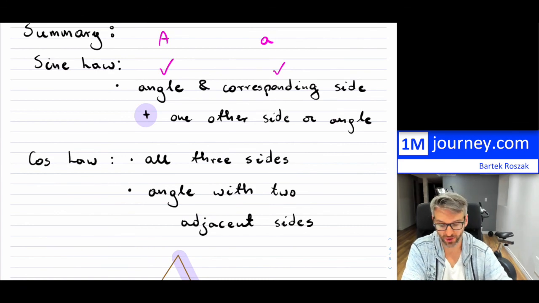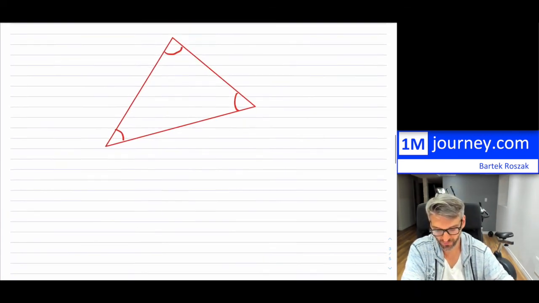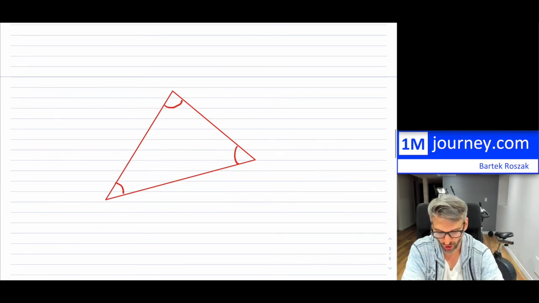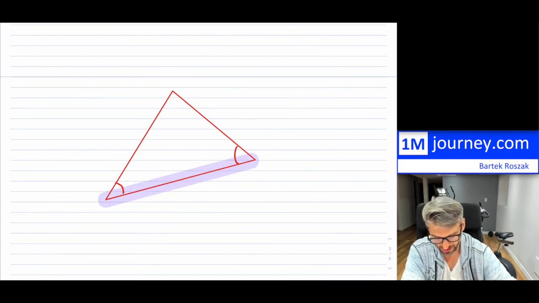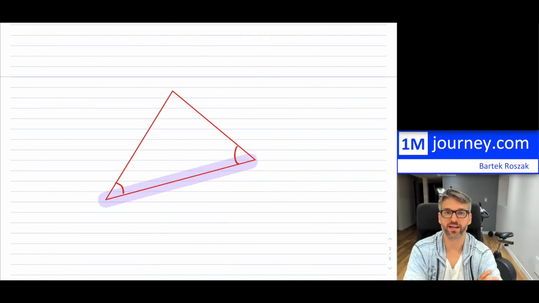And please remember that you cannot apply them when you have either all the angles given, or you have two angles given and then only one side which is attached to the angles. If that happens, you cannot use the cosine or sine law.